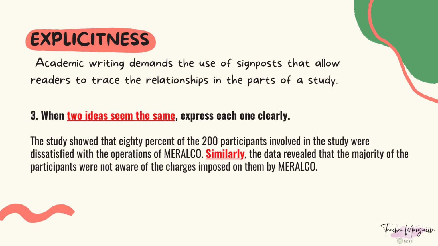Similarly, the study revealed that the majority of the participants were not aware of the charges imposed on them by Meralco. So the word similarly shows that two ideas seem the same.